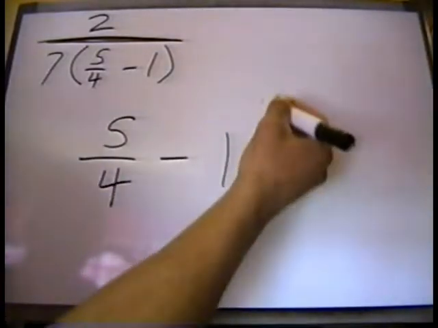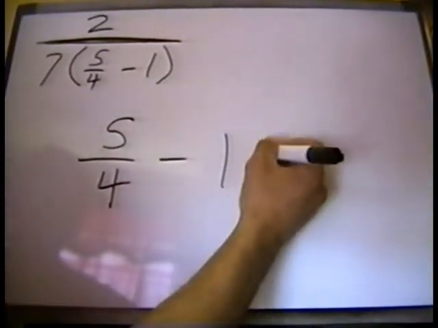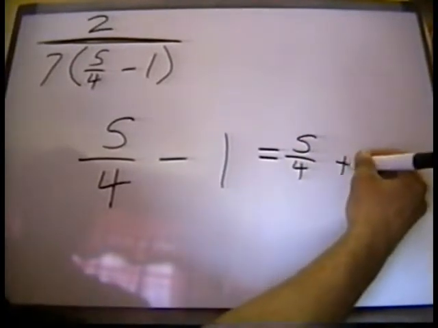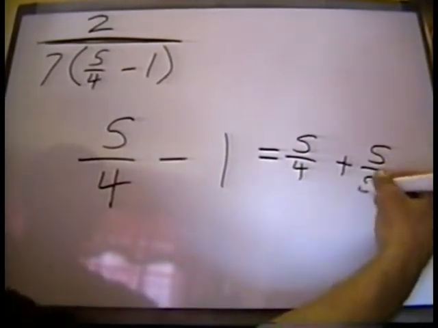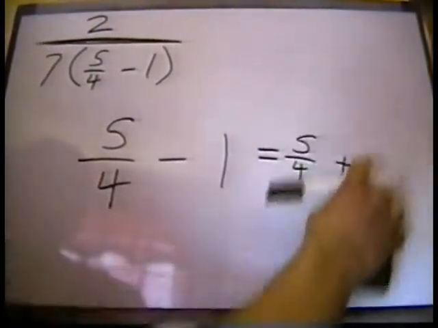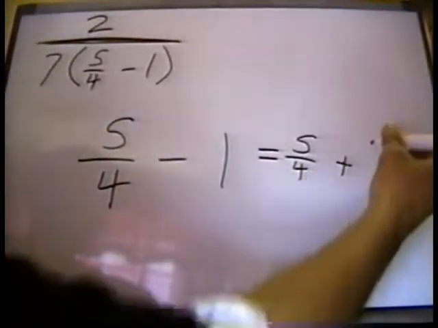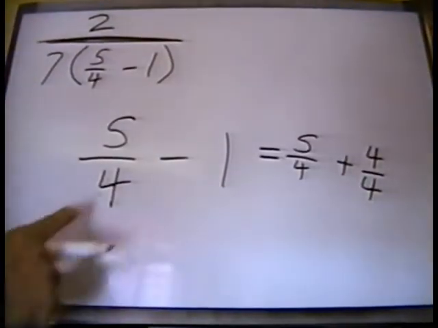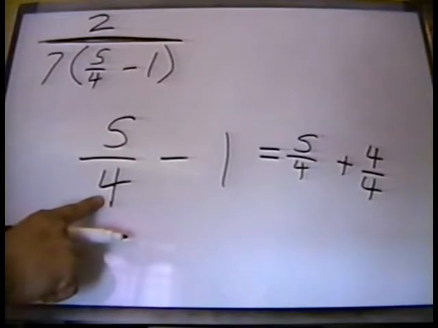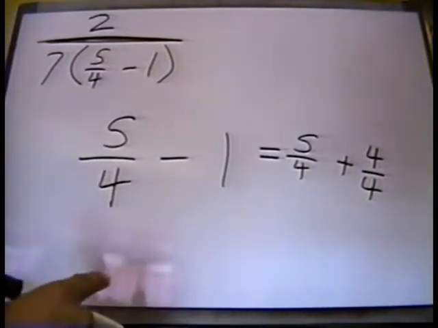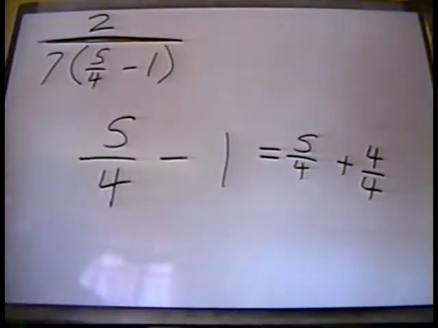Okay, so you could say 5/4 minus 4/4. We're dealing with the denominator in the fourths, because 4 divided by 4 equals 1 is what I'm saying.